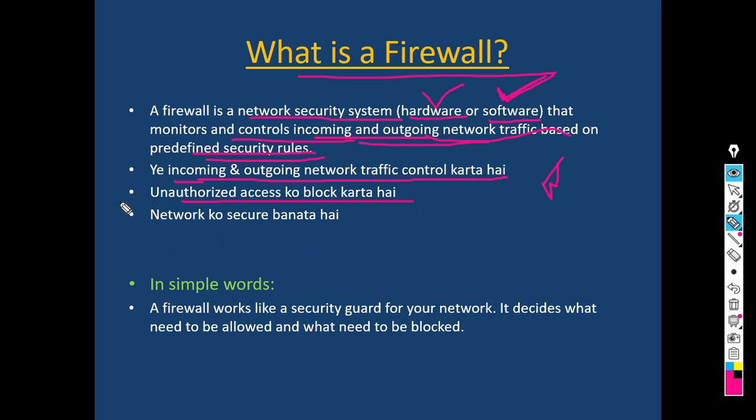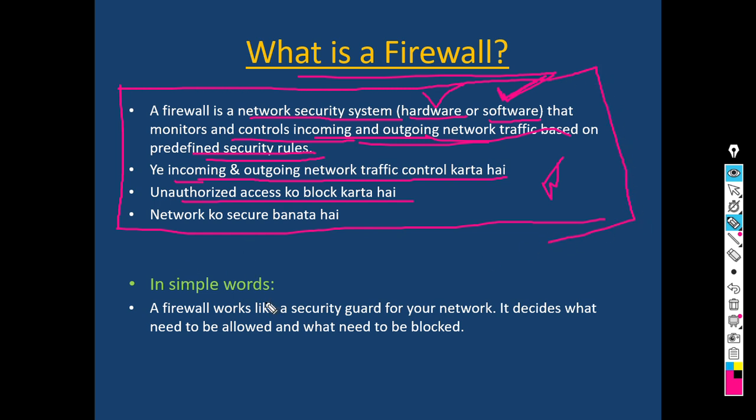All this is to secure our network. And in simple words, a firewall acts as a security guard to secure our network. So let's move on to the next slide.